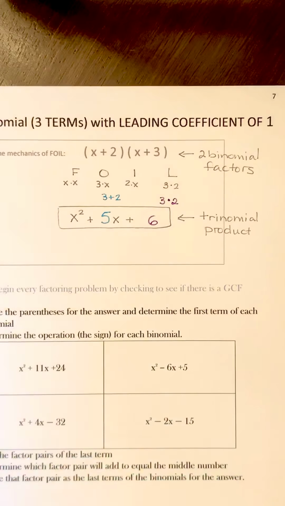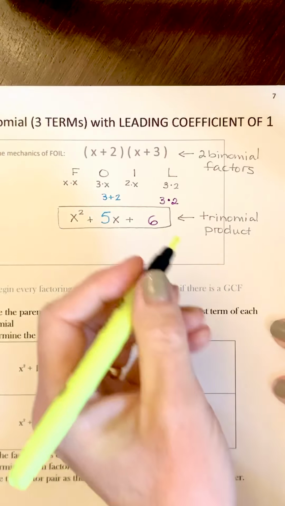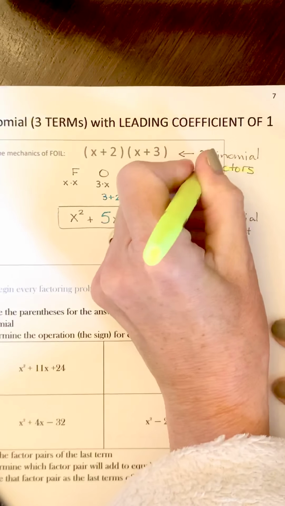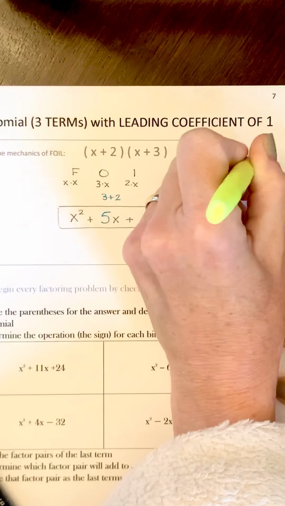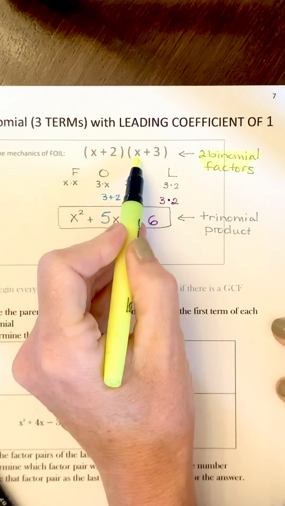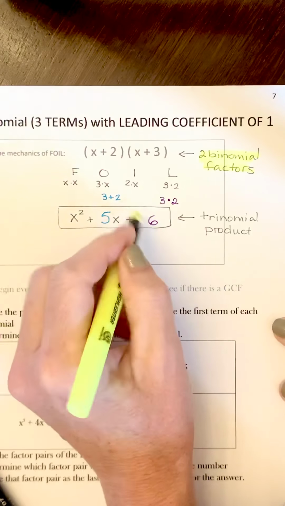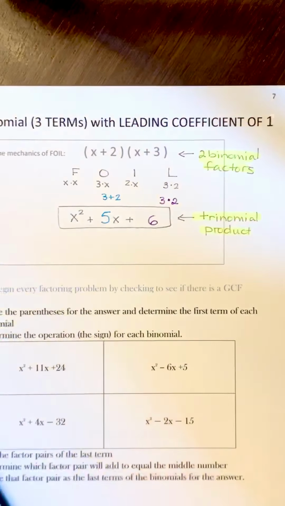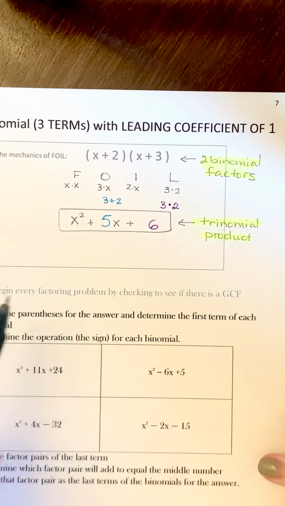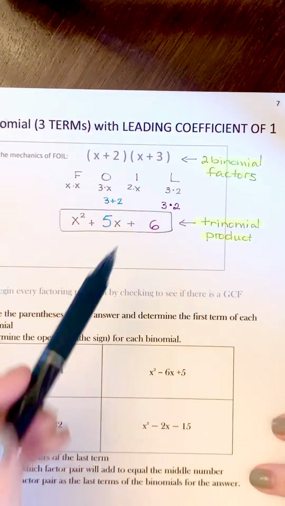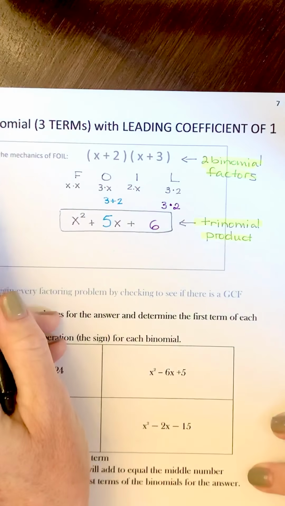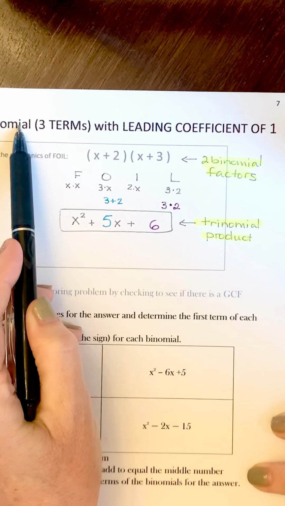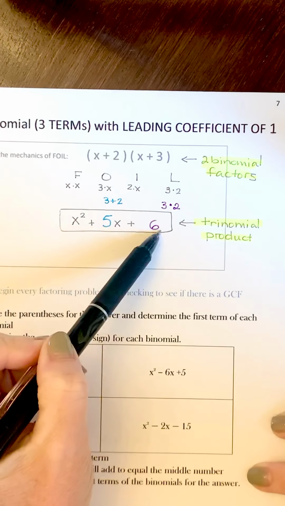All right, so that's really important to understand that these 2 binomials are factors, and when they're multiplied together, they give you a trinomial product. So what we're going to be doing is we are going to be starting with a trinomial. Remember, factoring a trinomial.